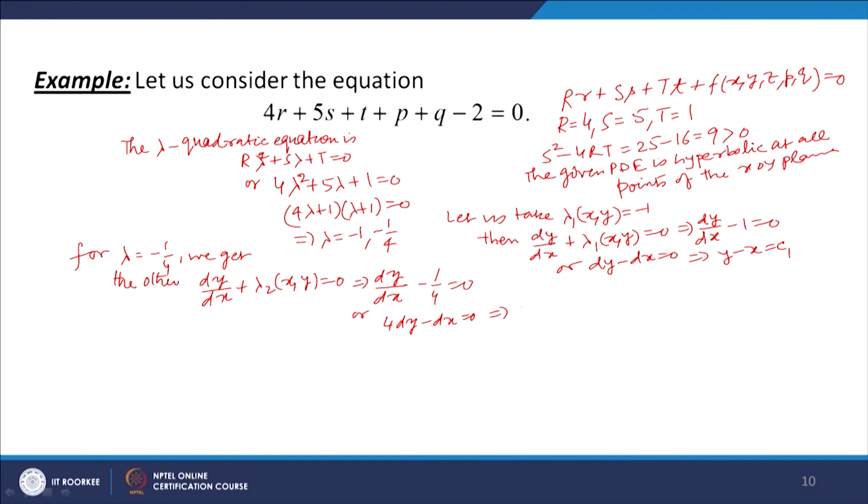So, this implies 4y minus x equal to some constant C2, okay, which is again a family of straight lines. So, y minus x equal to C1 is a family of straight lines, 4y minus x equal to C2 is also a family of straight lines. So, in this case the characteristics are two families of straight lines.